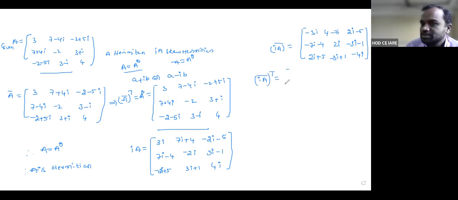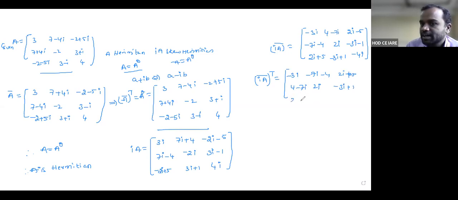So what do you get? 3i, minus 3i, minus 7i minus 4, 2i plus 5. Next 4 minus 7i, 2i, minus 3i plus 1.